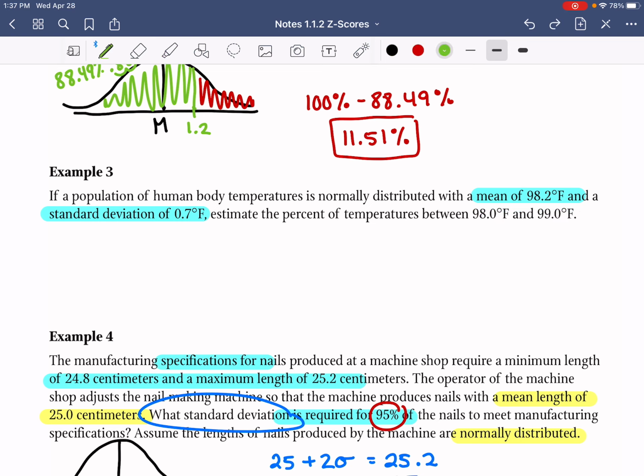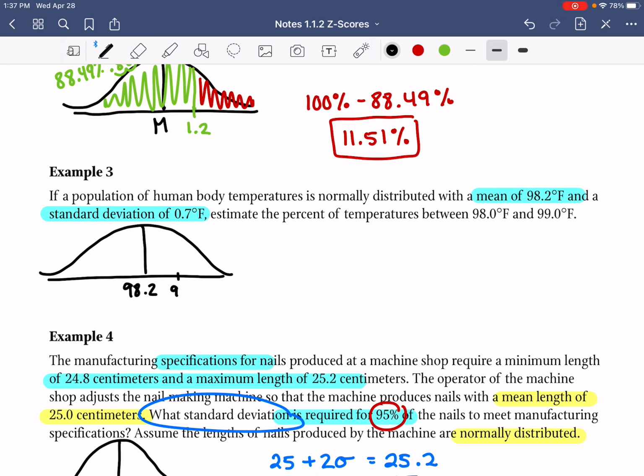All right, so if we draw our normal curve, we put our mean in the middle. That's 98.2. So normally we would add our standard deviation 3 times to the right, and then we would subtract our standard deviation 3 times to the left. Well, 98.2 plus 0.7 is 98.9. We want 99, which is to the right.